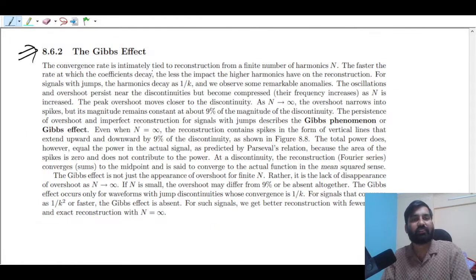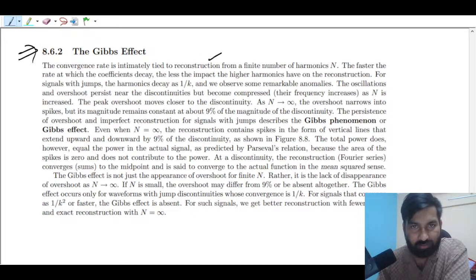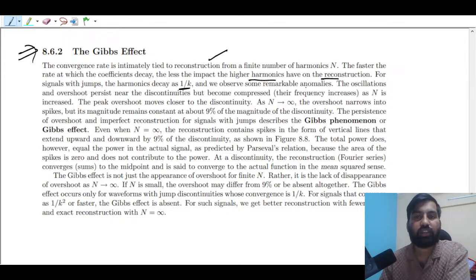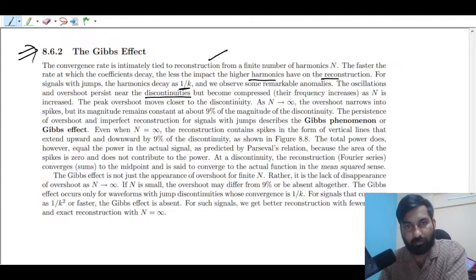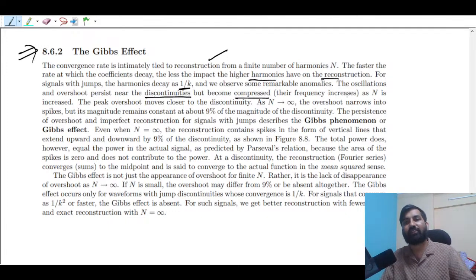The convergence rate is tied to reconstruction from a finite number of harmonics. The faster the rate at which the coefficients decay, the less impact the higher harmonics have on the reconstruction. For a signal with a jump, the harmonics decay as 1 by k, and we observe some remarkable anomalies. The oscillation and the overshoot persist near the discontinuities, but become compressed as their frequency increases, as capital N is increased.